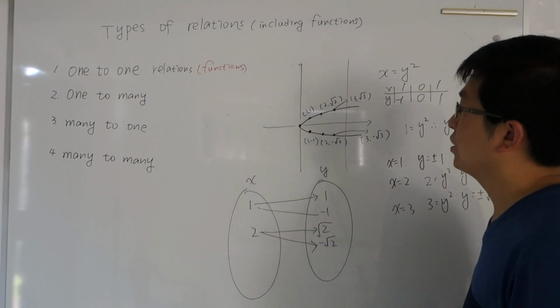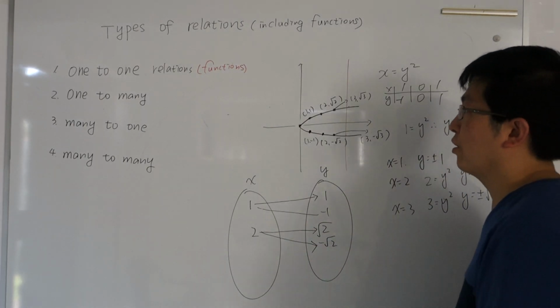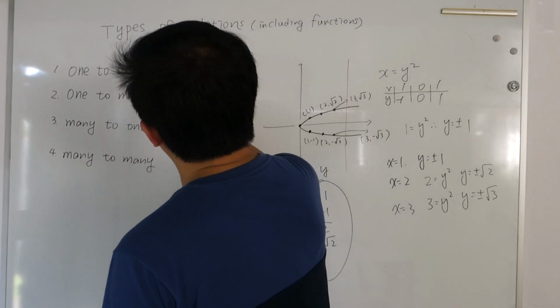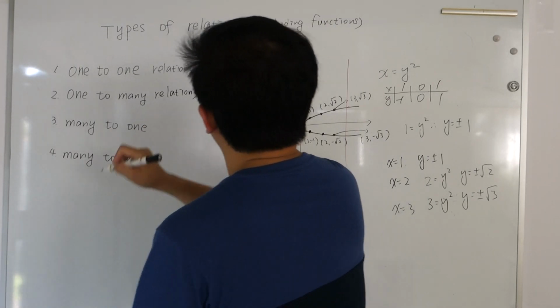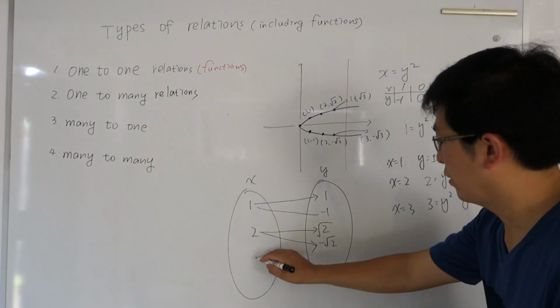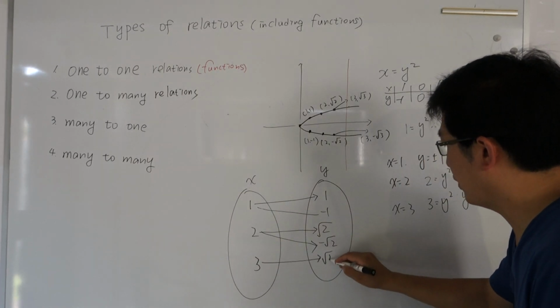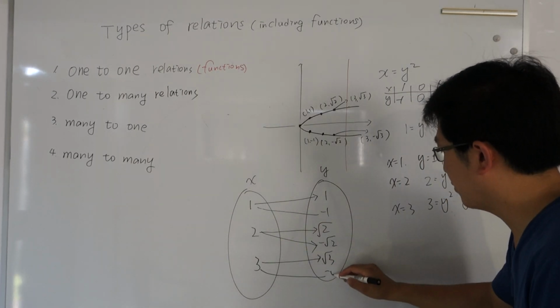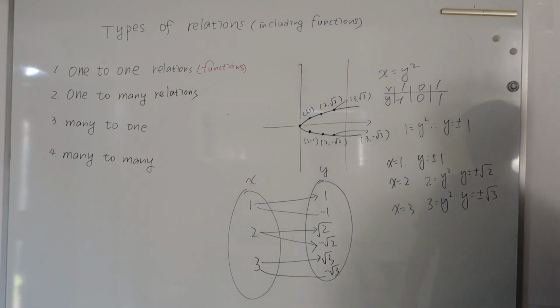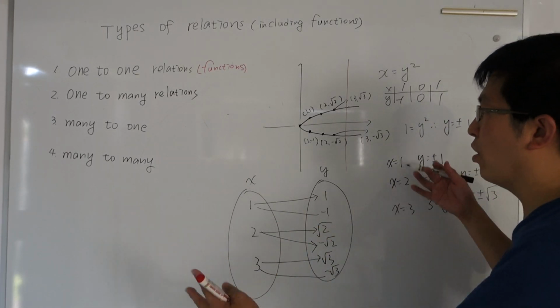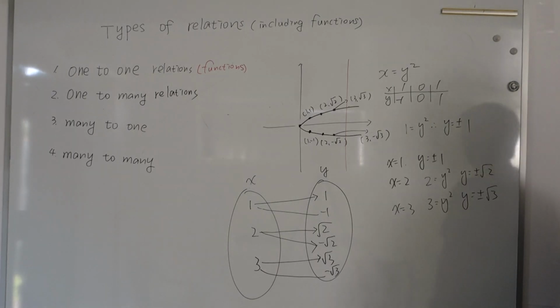So this one is called a relation, only a relation, not a function. 3 can go to square root 3, and at the same time can go to negative square root 3, right? One x value can have more than one value. One to many, alright? At least 2.